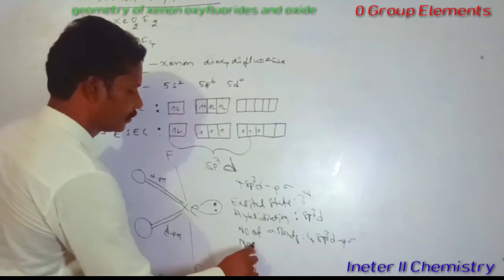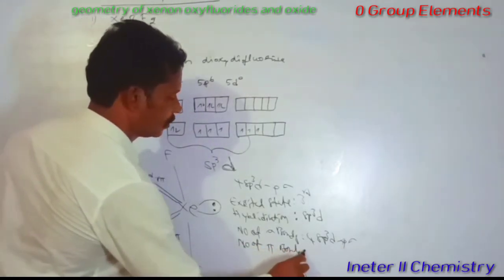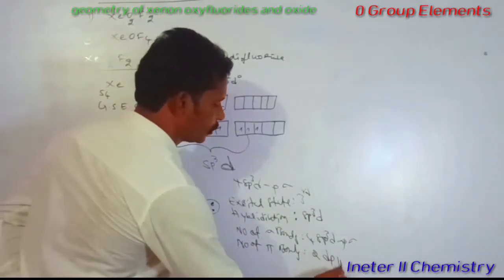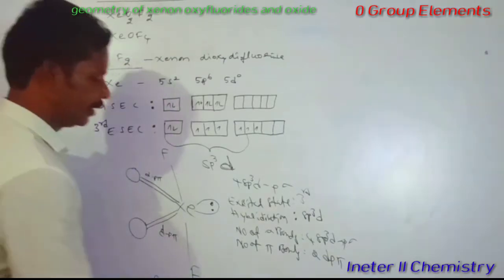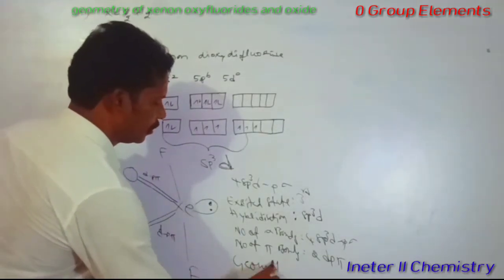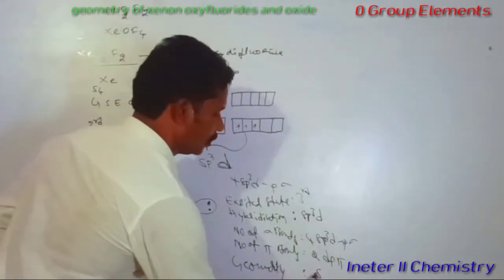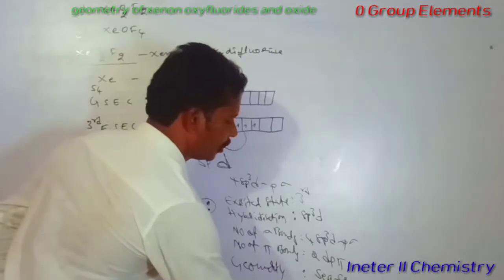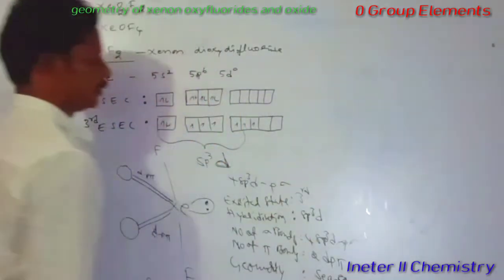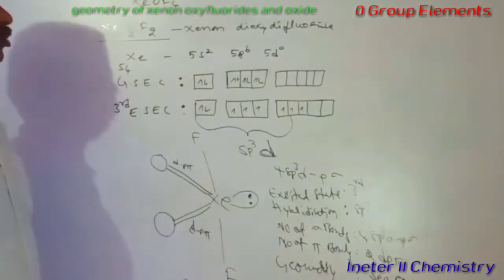Number of pi bonds: 2 dp pi bonds. Geometry is seesaw geometry. So this is the xenon dioxy dichloride geometry and hybridization.